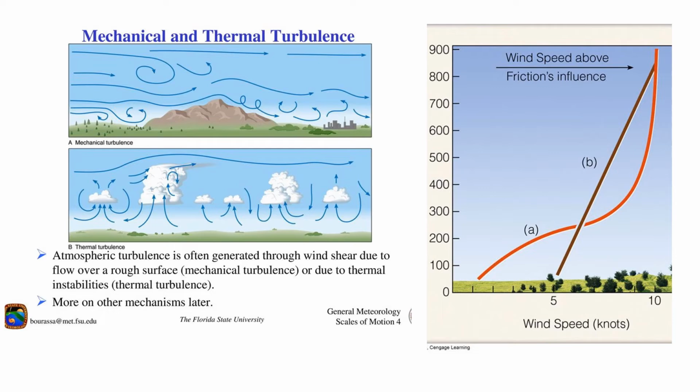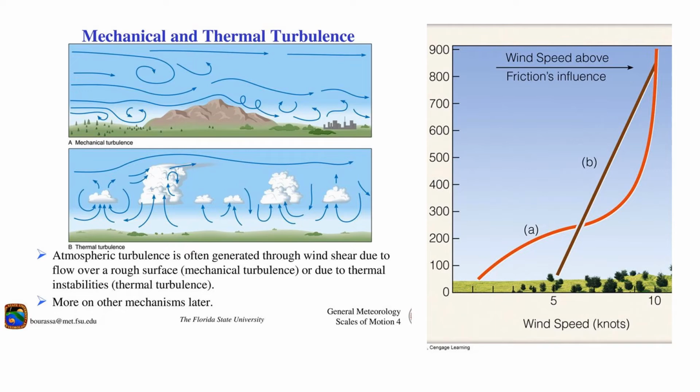So the eddy motion created by obstructions is commonly referred to as mechanical turbulence. The mechanical turbulence creates a drag on the flow of air far greater than that caused by molecular viscosity. So mechanical turbulence is much more important than molecular viscosity.